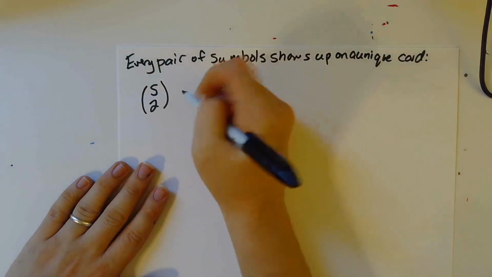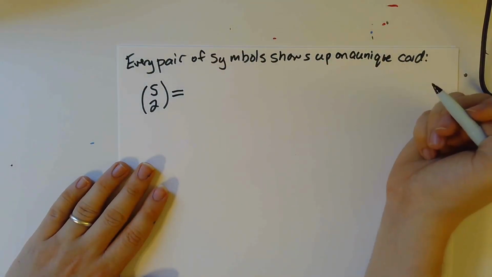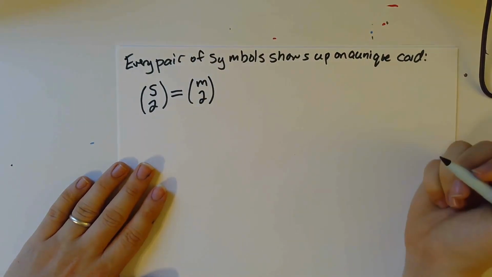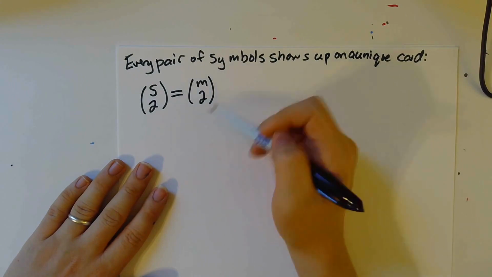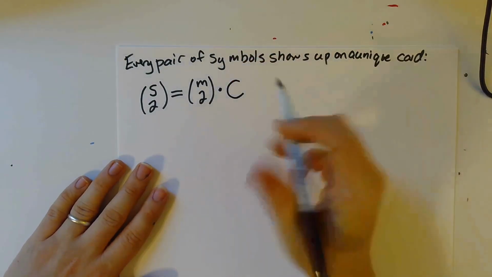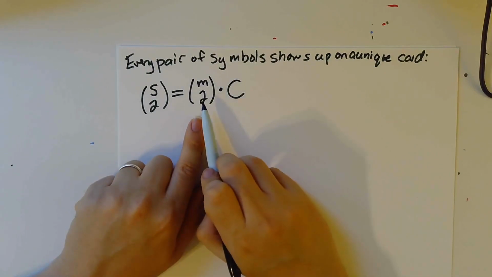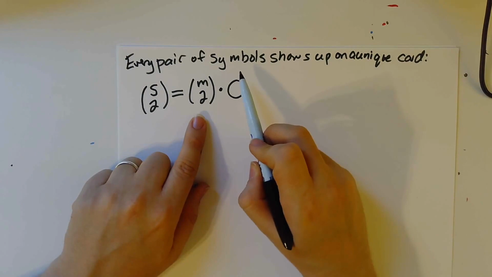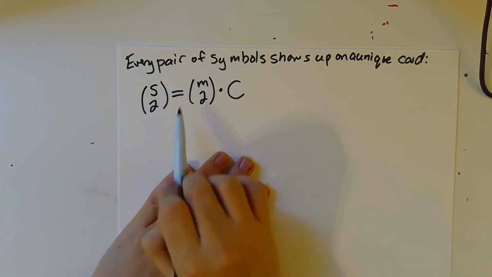On the other hand, every card has M choose 2 pairs of symbols, right? Because every card has M symbols, so there are M choose 2 pairs of symbols. And so what this is saying is that if I multiply M choose 2 by the number of cards, that covers every pair of symbols exactly once, while there are S choose 2 pairs of symbols.